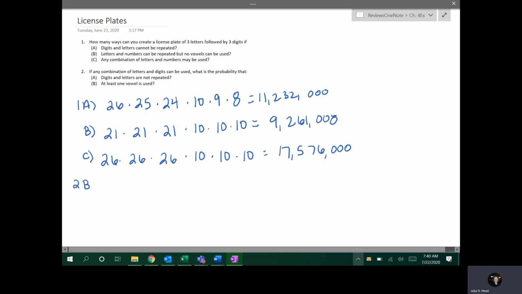But we're also interested in probabilities. So what is the probability that no digit or letter is repeated? Now, since it says if any combination can be used, we know that our denominator is going to be this 17.5 million.